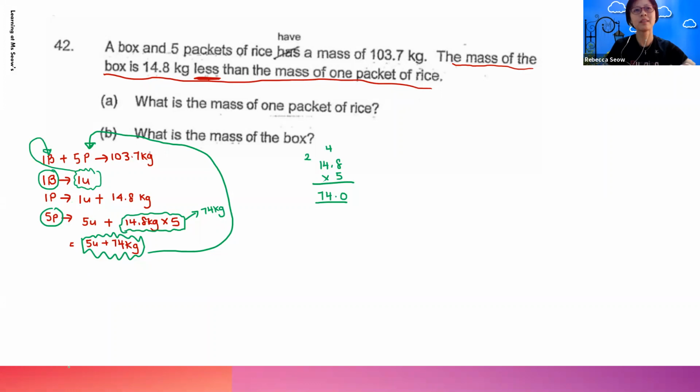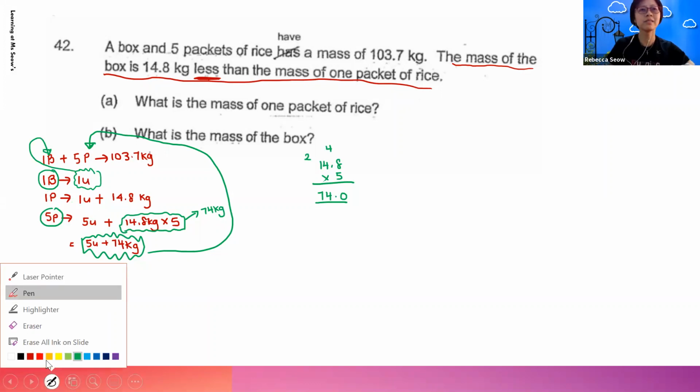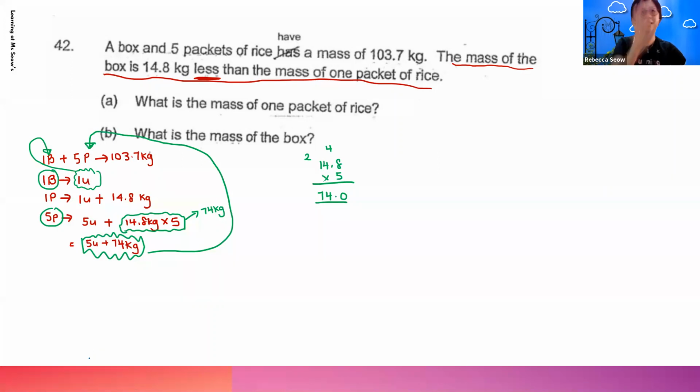Okay? Now, what I'm going to do is, instead of the first line being whatever is written there, I'm going to replace it in terms of units and kg, units and mass. So instead of one box, I'm going to put down 1 unit.